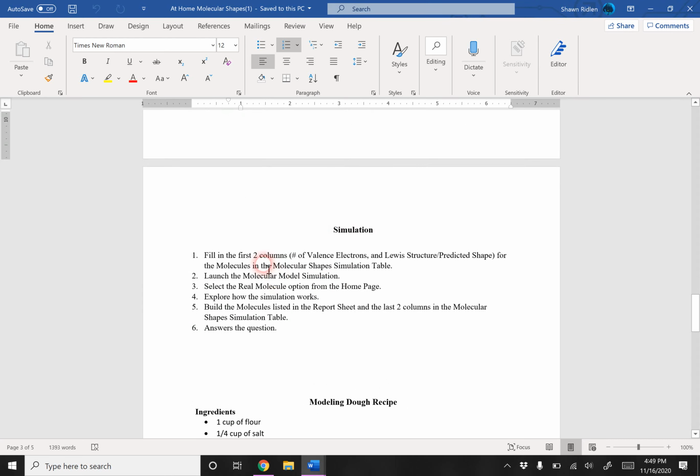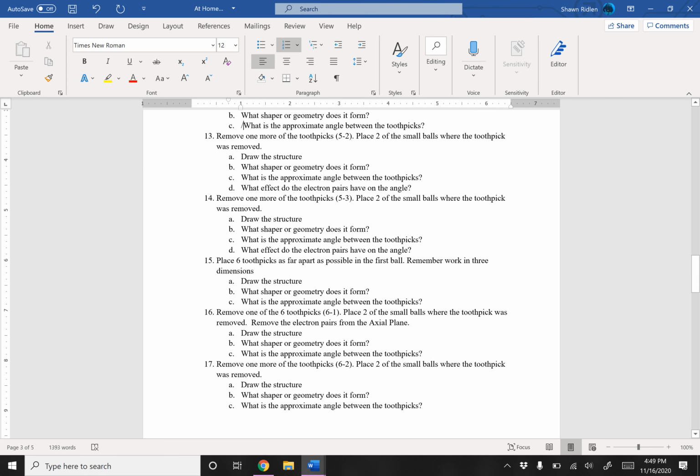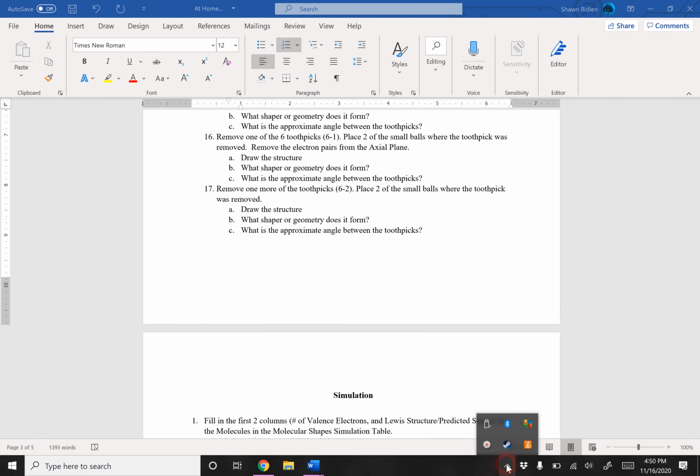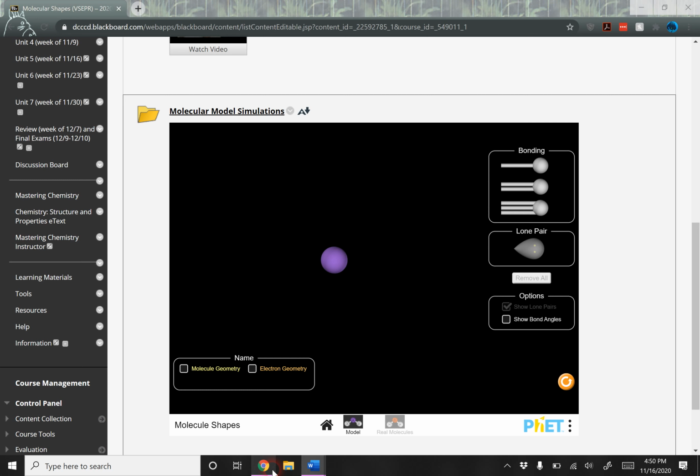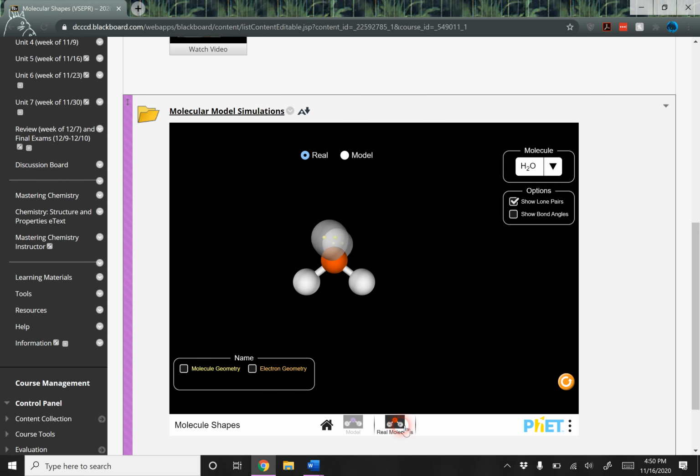Okay, and then with the simulator, they're going to give you some instructions here. So with the second part, it wants you to go to the simulator, and it wants you to go to this real molecules.